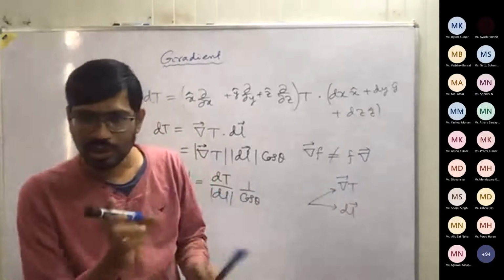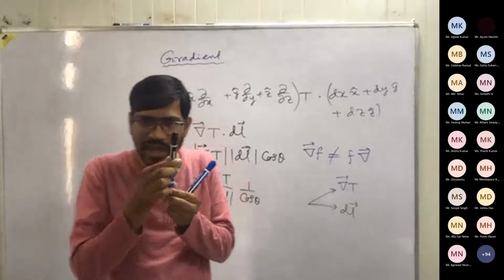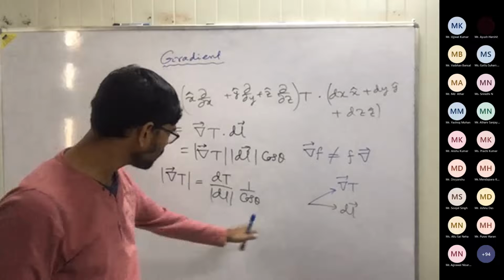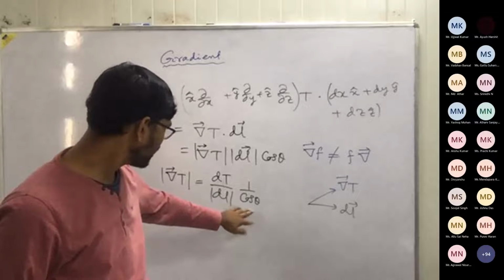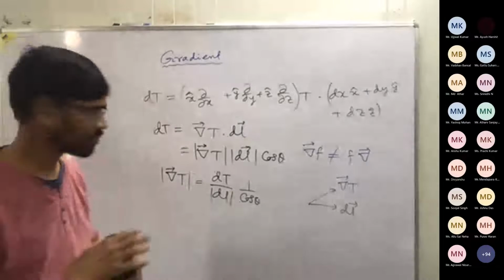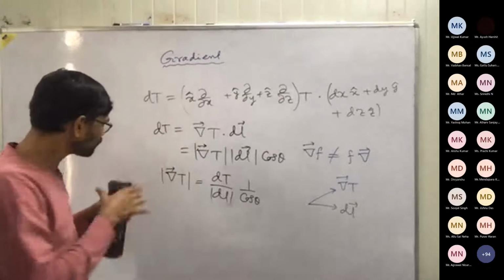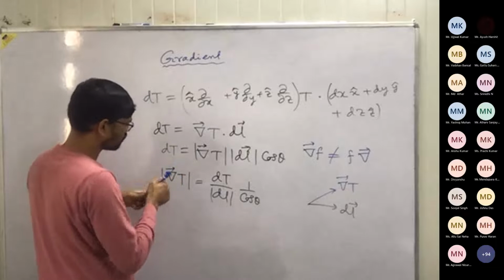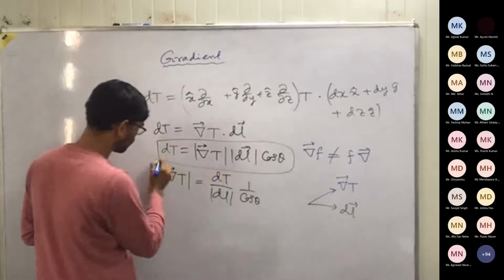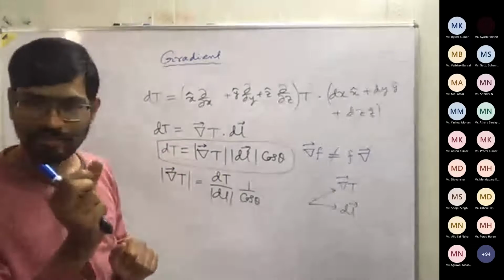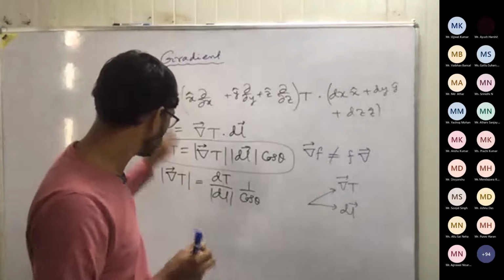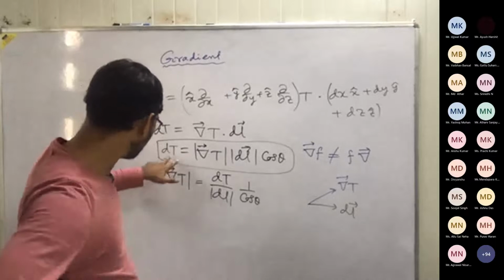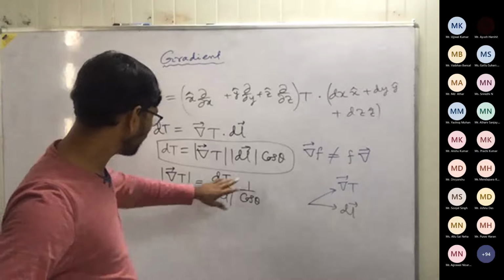You change your dl vector and see in what direction this quantity, the change in T, dT by dl, is maximum.